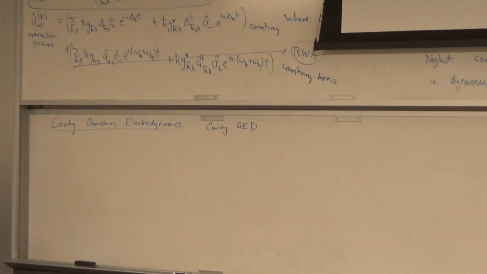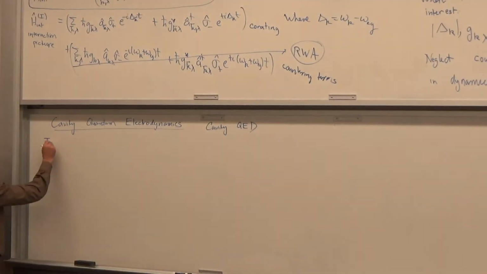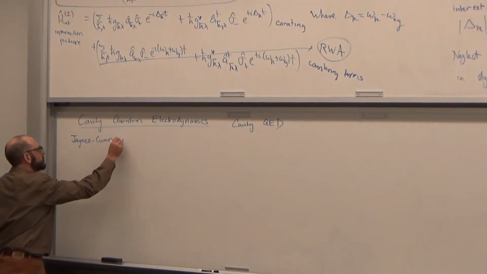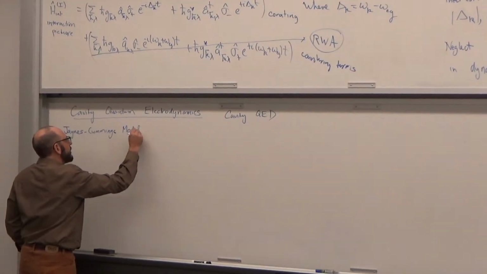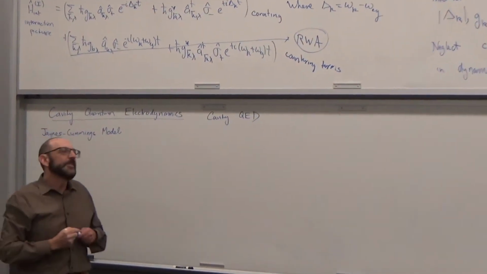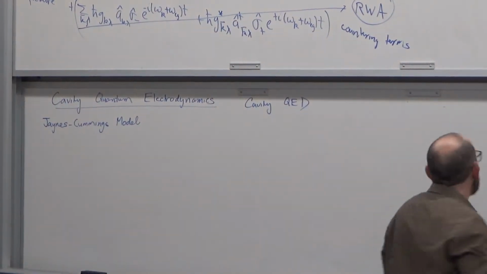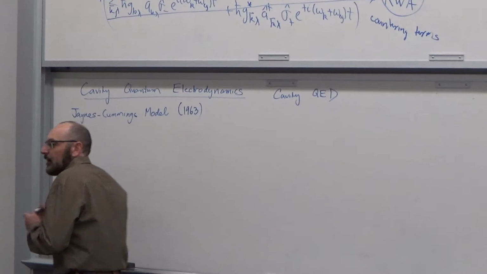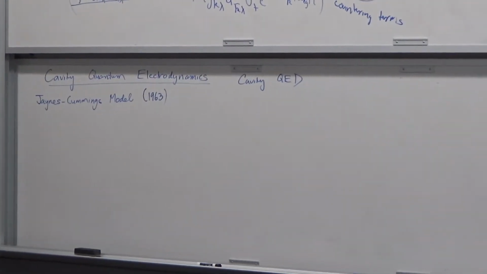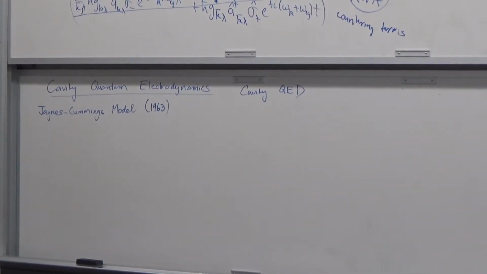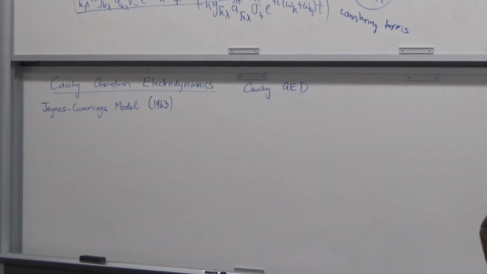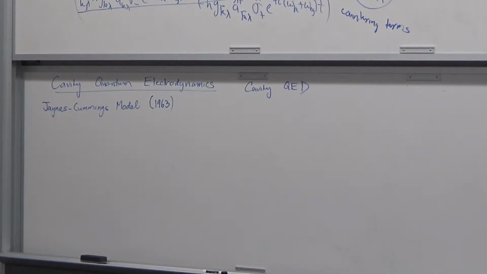What we're going to talk about today is what's known as the Jaynes-Cummings model. Jaynes and Cummings wrote this down in 1963, even before I was born, as an interesting idea for thinking about the differences between full electrodynamics and a toy model.